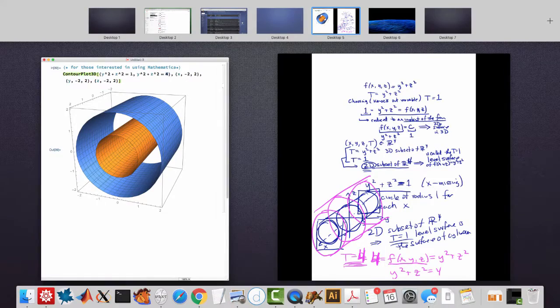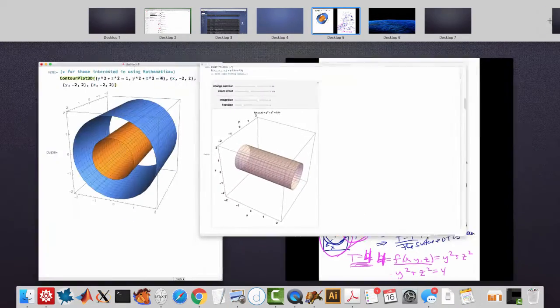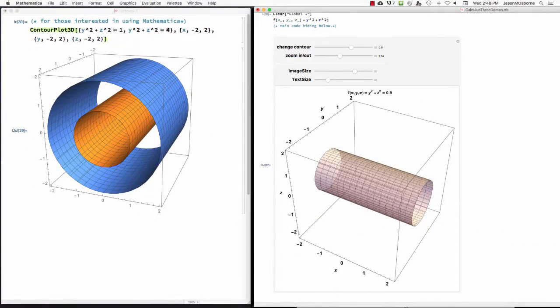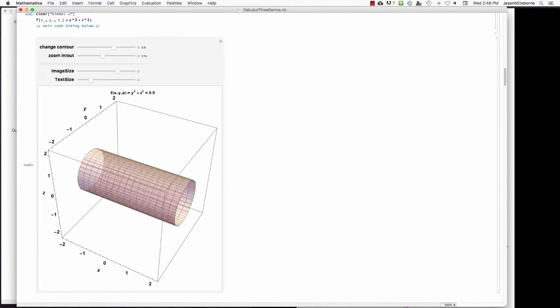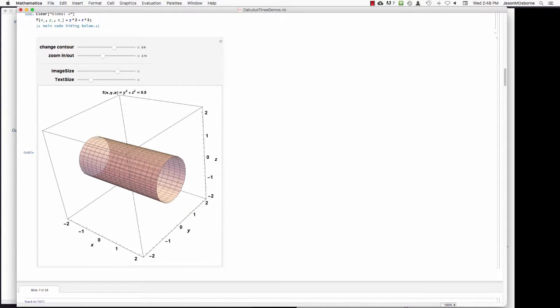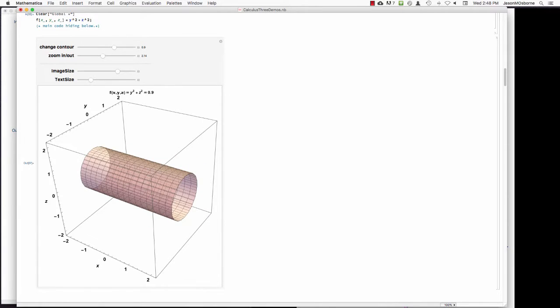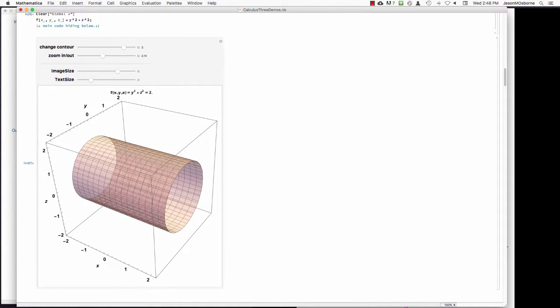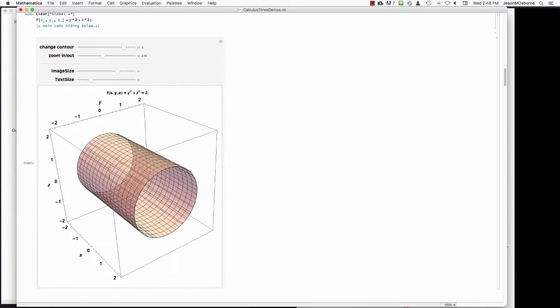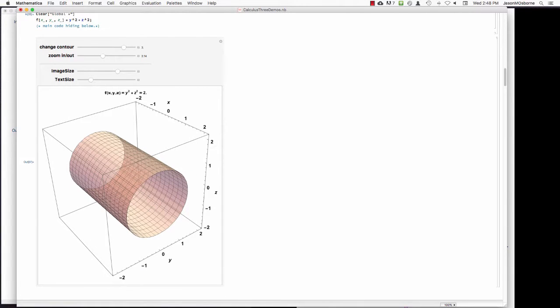Okay. And I've got a demo over here that does this quite a bit quicker. You can see here that one of our level surfaces was a cylinder, and now let's start changing the contour. Okay, we're looking at y squared plus z squared equal to 2 now, so your level surface is a cylinder of radius square root of 2.